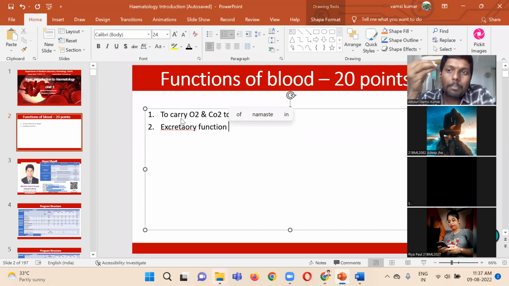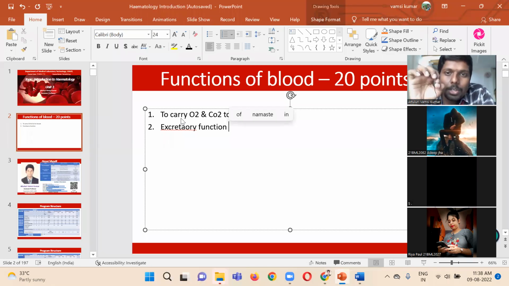Let me tell you one simple thing about blood. Blood is the primary medium with which the body is in contact. The cellular essentials, the nutrients of cells, will be obtained from blood, and the cellular waste products will be dumped into the blood.